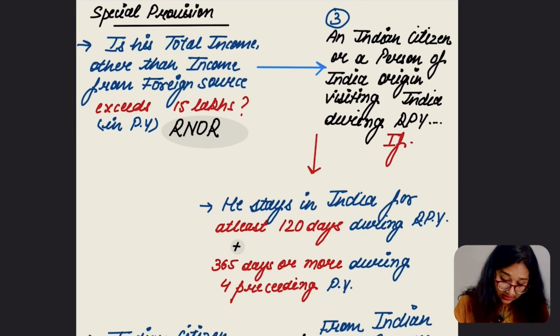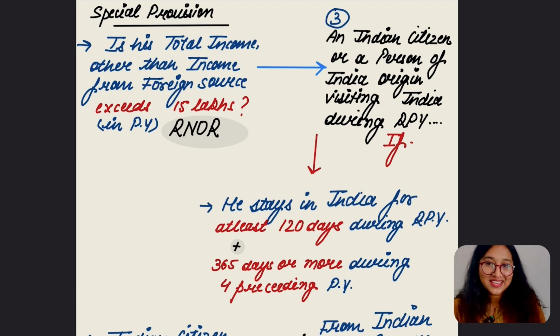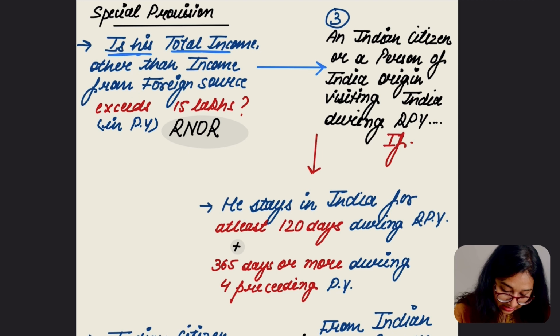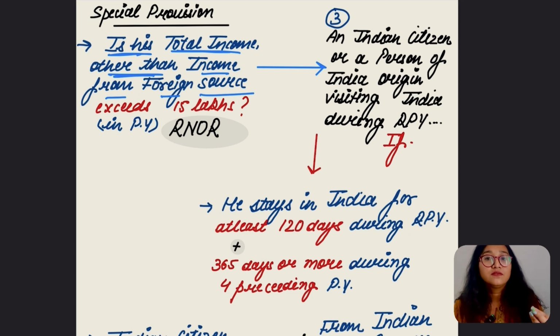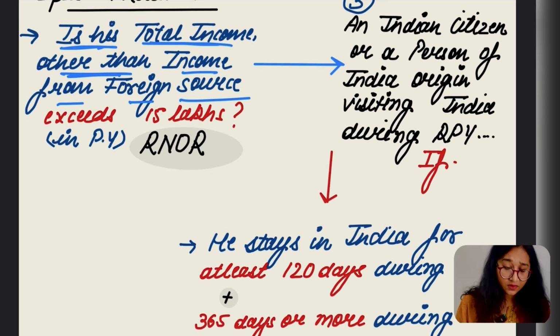Now there are some special provisions. Let's go for it. Is his total income, other than income from foreign source, which in simple language means the income the person is earning from India, not taking the income from outside India, which is foreign income.